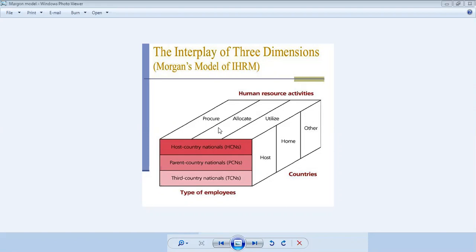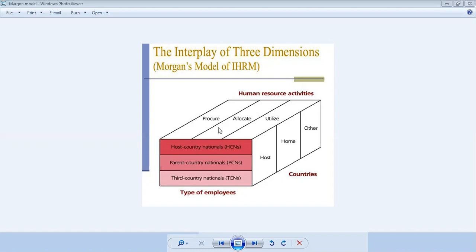So that is the procurement. Now, how you allocate them, how you assign them the job, how you assign them the overseas operational jobs, and then how you utilize them. Utilization here comes with international human resource planning.